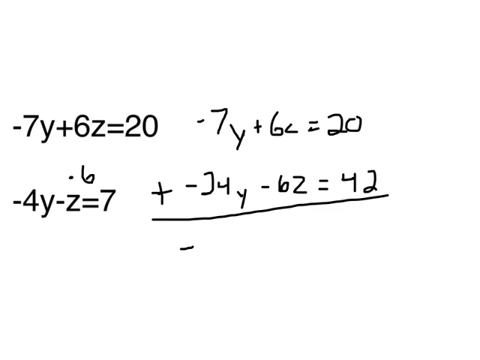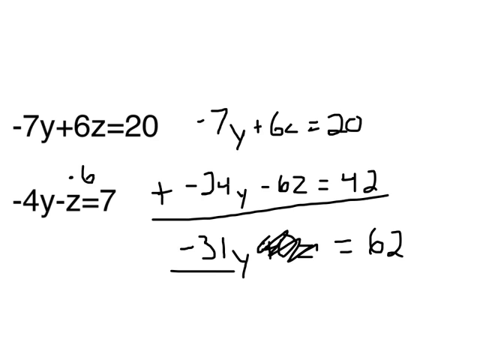It will be -31y plus 0z equals 62. Now we can again erase the z because we eliminated it, and we're left with the -31y and the 62. Now what we're going to do is just like we did last time, we're going to divide this by -31. You're going to get y equals -2.